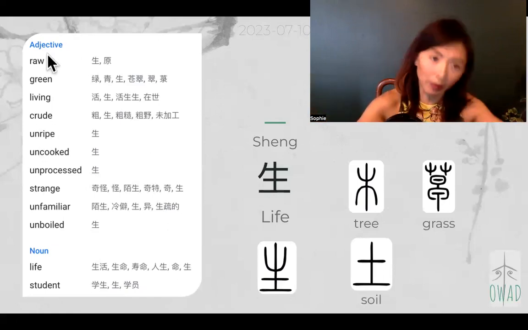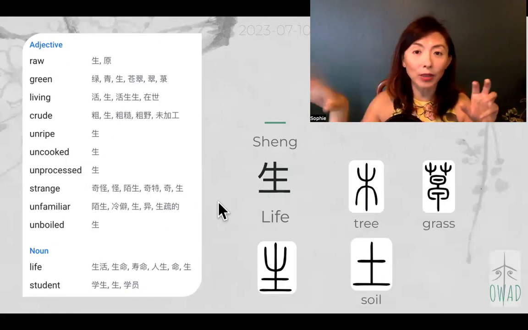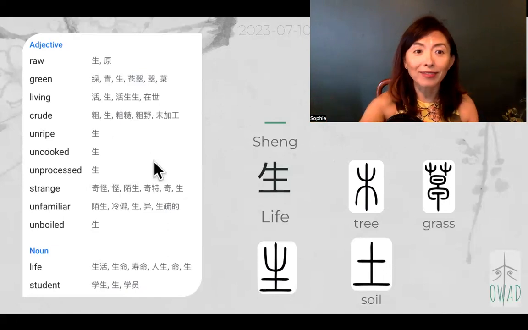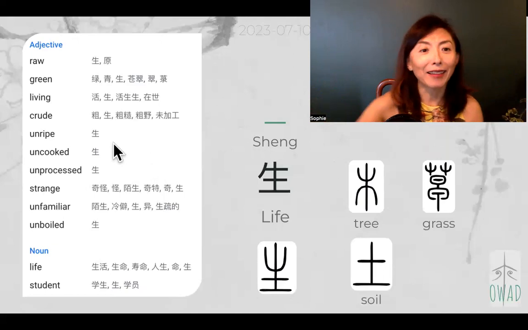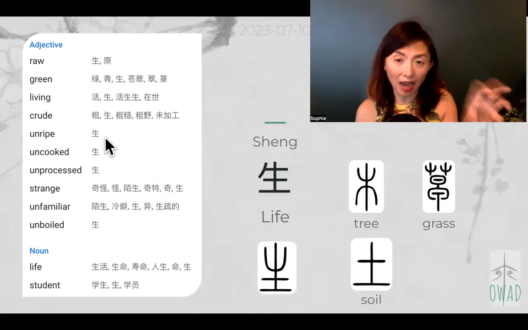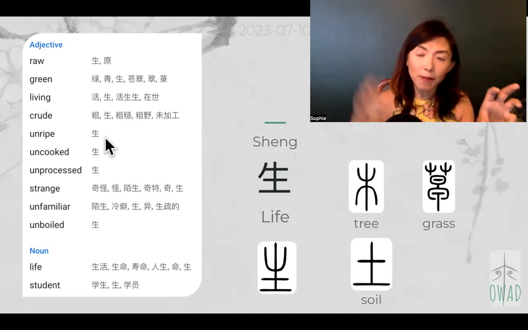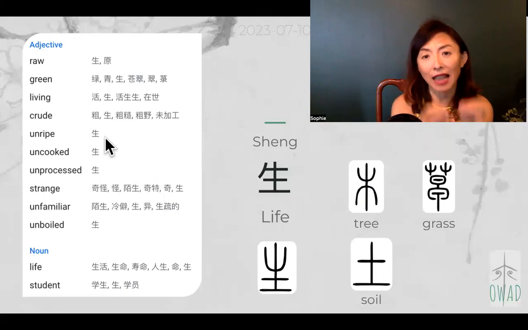And then unripe, that's raw, same. So raw means meat. So when sheng is paired with meat, that's raw. And when sheng is paired with plant, that's unripe. So in Chinese, we don't distinguish that by the character itself. We distinguish by pairing it with another character to pin down the exact meaning of it.